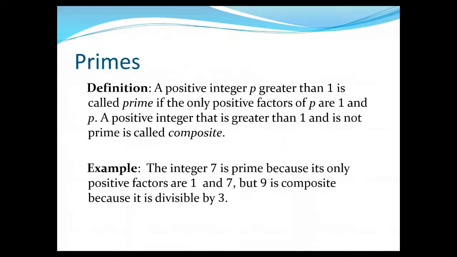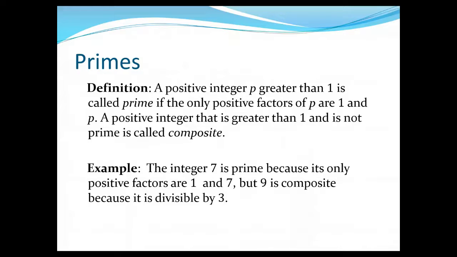And in case it's not a prime number, it is called composite. A composite number has more than two factors of a given number.